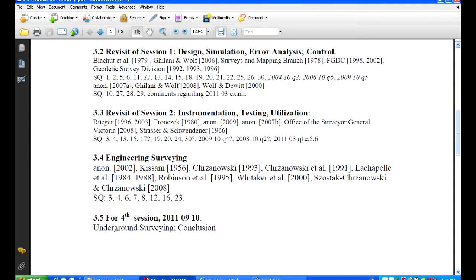So those are the essential reference material items that I suggested would pertain to this particular session, and as you already see, they sort of overlap into the next session, underground survey. And to some extent related to this particular topic area are the study questions that are listed there.